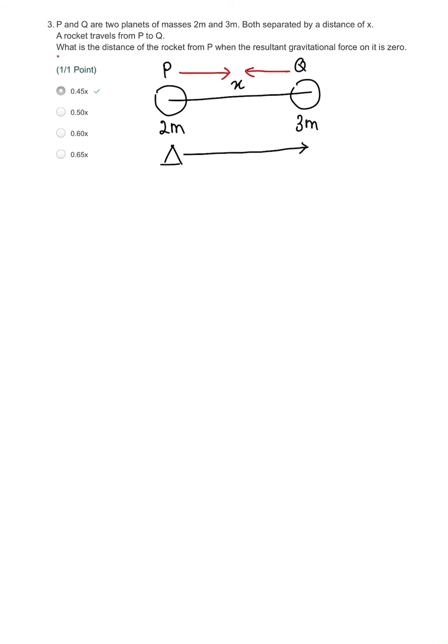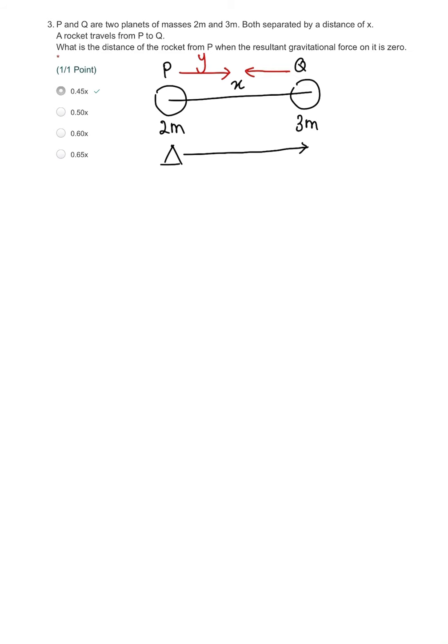Okay, alright, so here is how to find the distance from P when the resultant gravitational force on it is 0. Maksudnya dekat sini kita ada dua distance yang berbeza. Bila roket tu daripada point of view P, let's say dia punya distance adalah y.